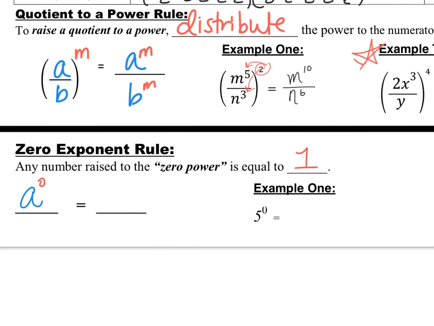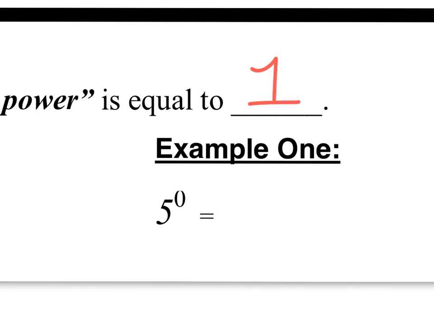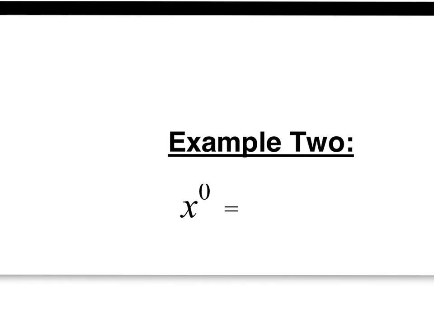Then that is always going to be equal to 1. So for our first example, 5 to the 0 power is equal to 1. Anytime you see 0 in an exponent, that would be equal to 1. Go ahead and try example 2, and we'll check that in class tomorrow.